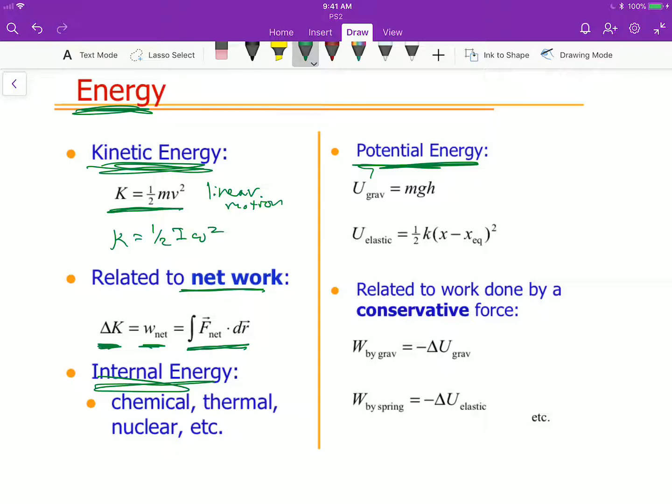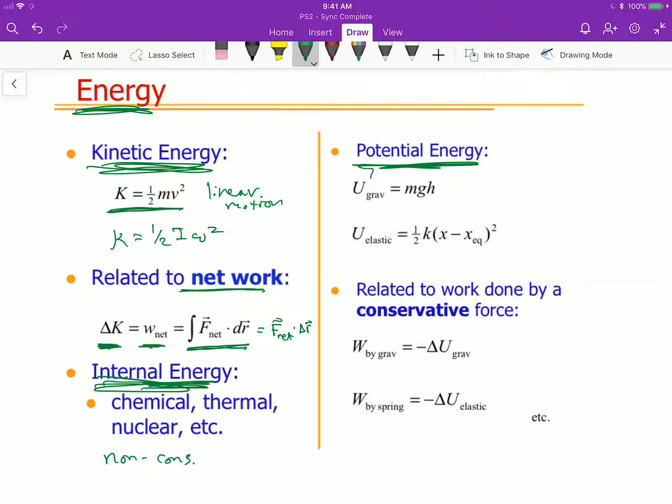So this can become the displacement. So if we have a constant net force, this can be F net dotted into the delta R, which is the displacement.